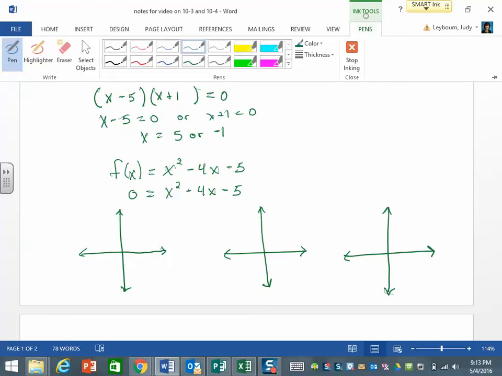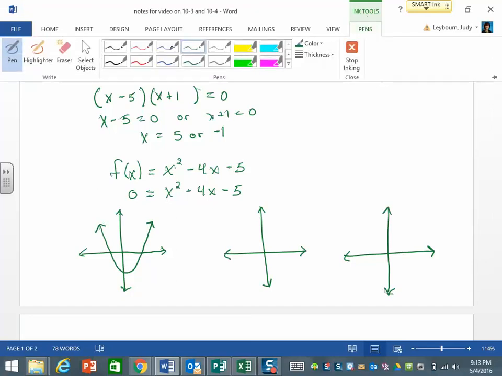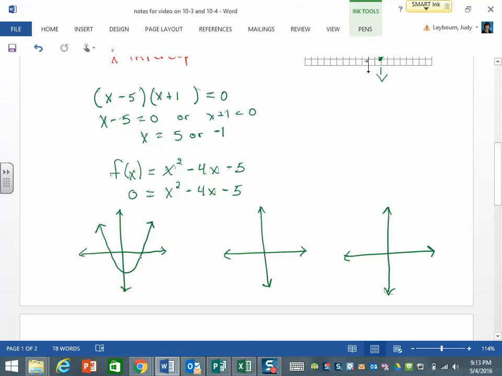Okay, and if my graph looked like this, and it went back to green, then I'm going to have 2 x-intercepts, and so I have 2 solutions. It disappeared again, didn't it?